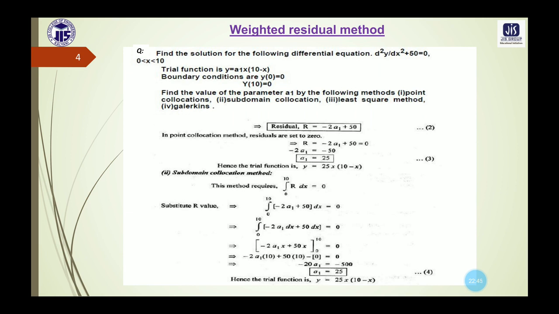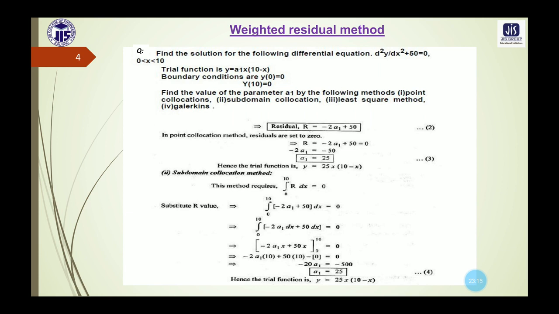First we need to find the value of d2y/dx2 from the trial function. In this trial function it is given 10a1x minus a1x squared. So dy/dx will be 10a1 minus 2a1x.